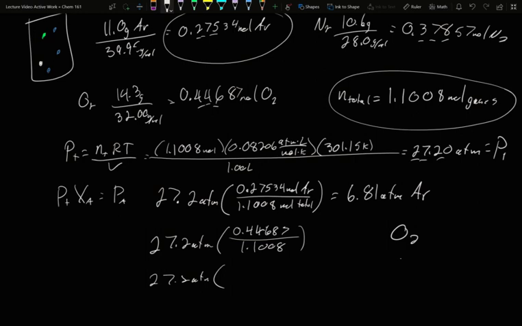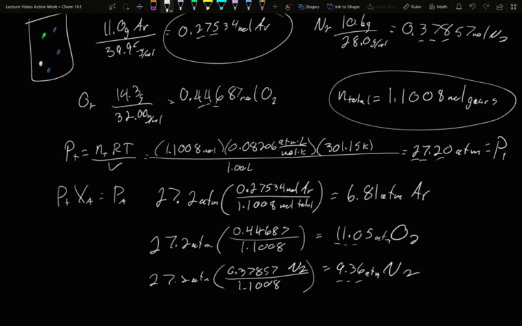I swapped O2 and N2 here. 0.37857 for the N2 over 1.1008 total. To find that there is 9.36 atmospheres for dinitrogen and 11.05 atmospheres for dioxygen, we can find the individual partial pressures.